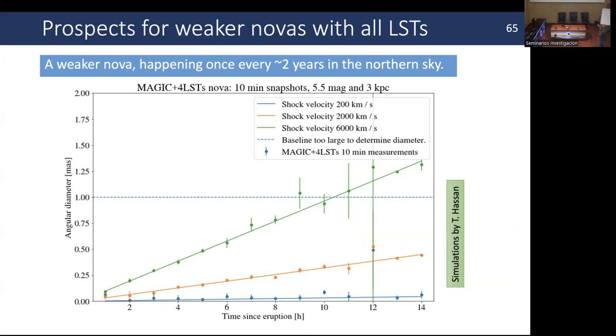And if the nova expands much more slowly, this is hours. So as you can see in blue here, this is a shock velocity of 200 kilometers per second. It would take days to expand, so we could measure it much more nicely over several days. Okay.